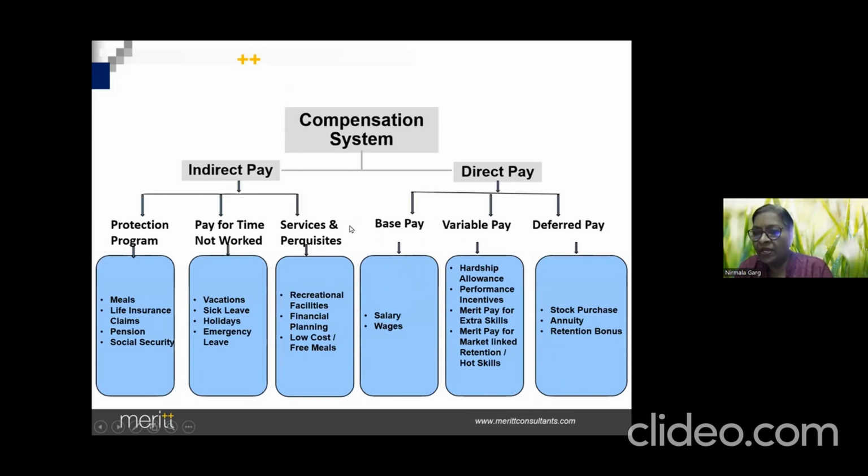How do we account for base pay, or how do we evaluate, and what do we do to arrive at base pay? Base pay is essentially the worth of the job. How much should I pay? Fixed pay, guaranteed pay. What do we do? Through job evaluations, right? Yes, through job evaluations.